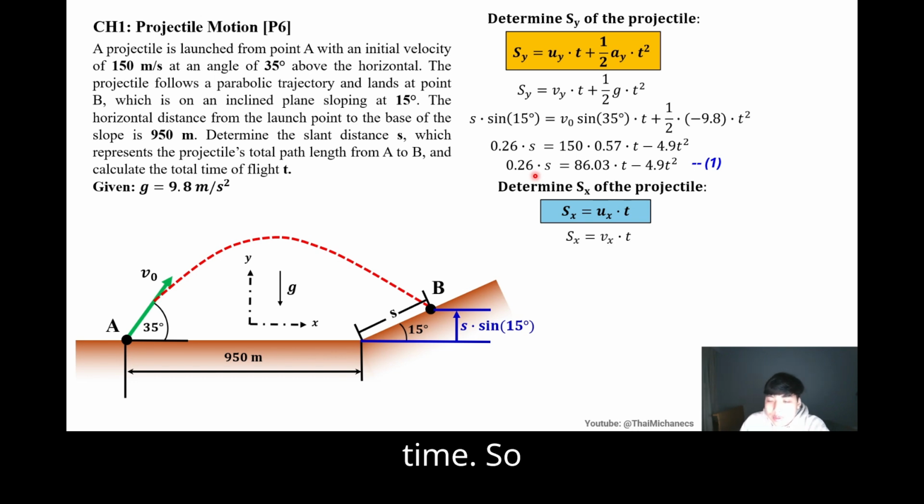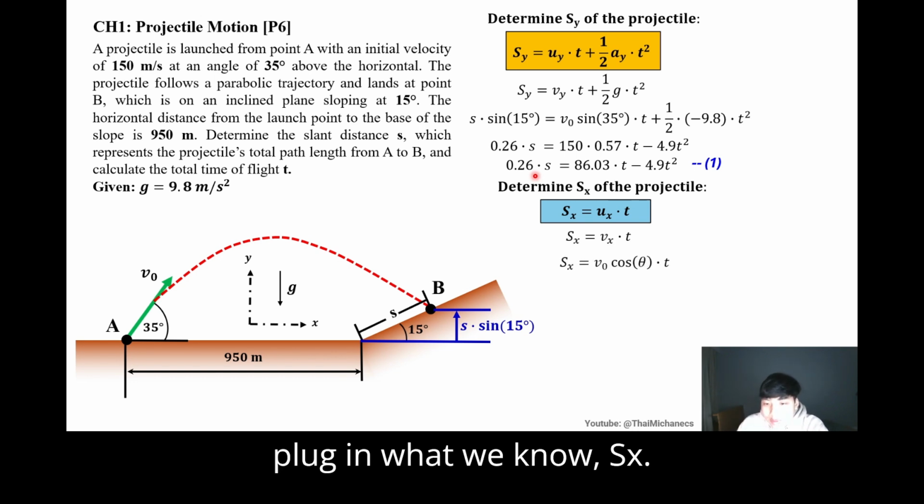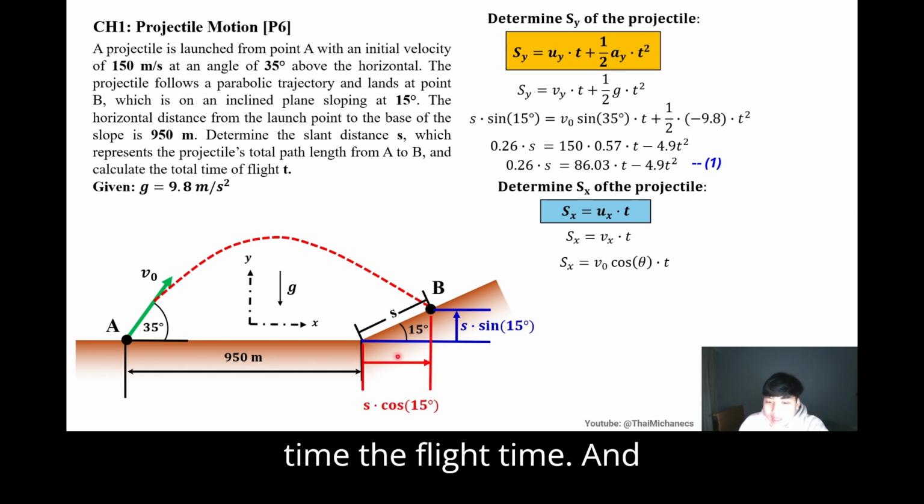So plug in what we know: Sx equals velocity in the x-axis times the flight time, and the distance in the x-axis is 950 plus a certain distance from here to point B horizontally. So that would be distance s times cos 15 degrees.